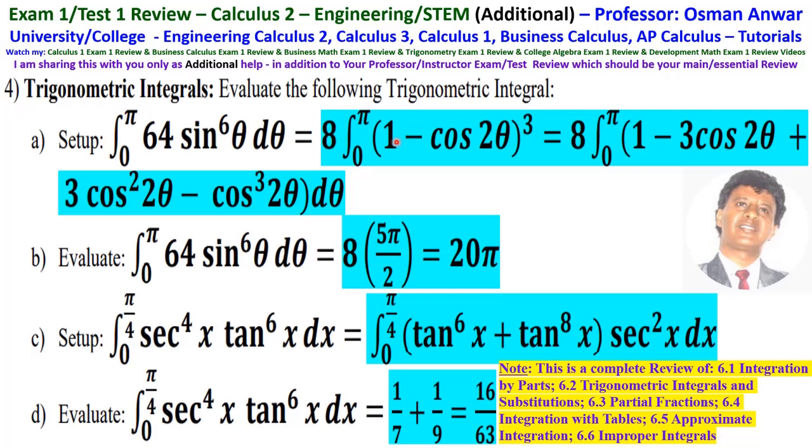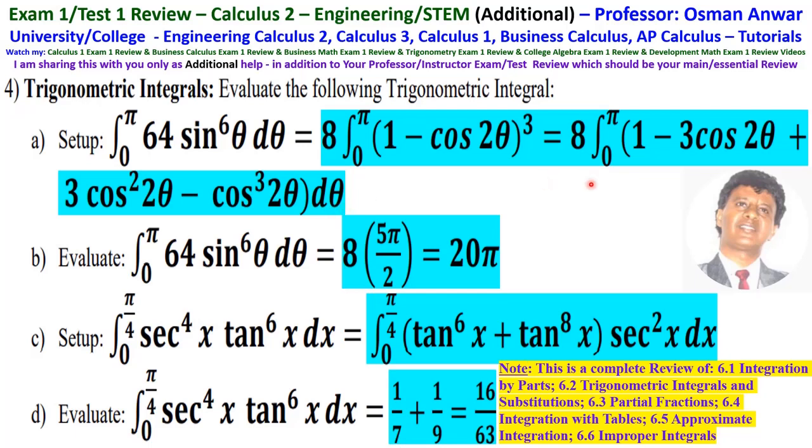And this 1 minus cosine 2 theta to the third, when expanded, is 1 minus 3 cosine 2 theta plus 3 cosine squared 2 theta minus cosine cubed 2 theta d theta.